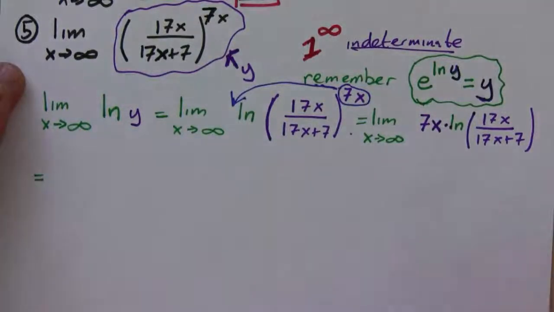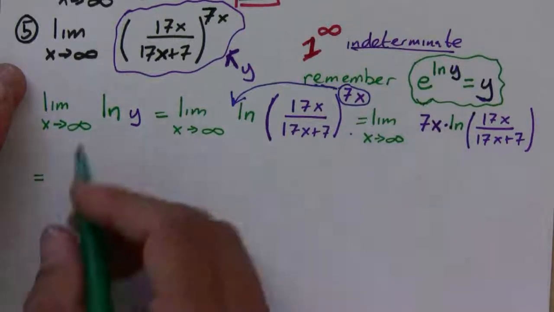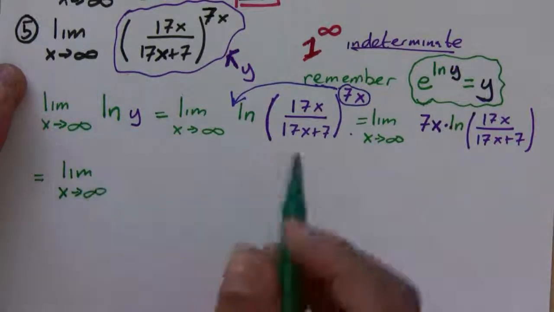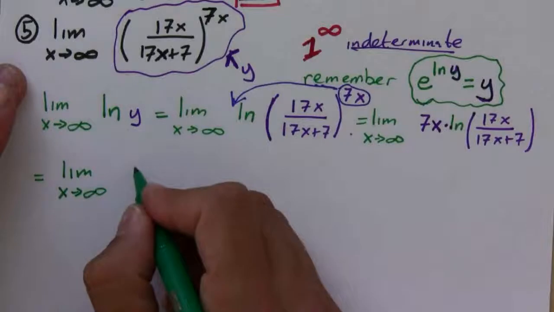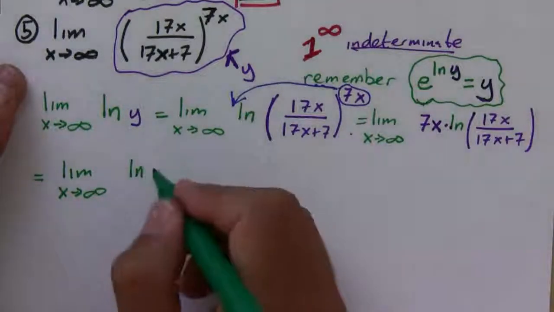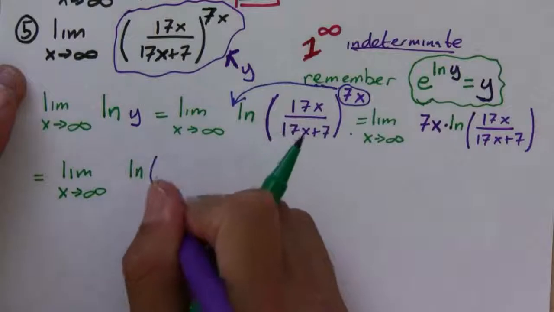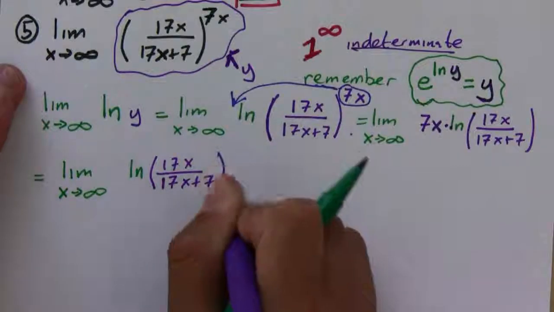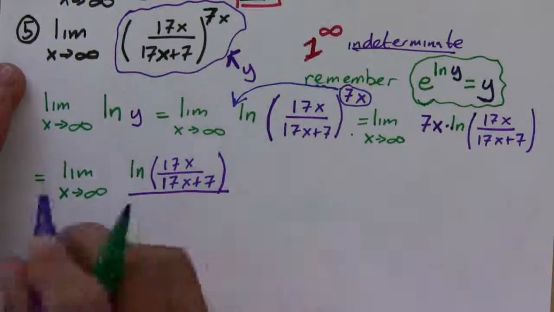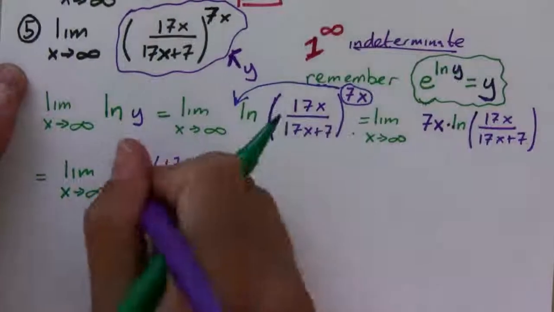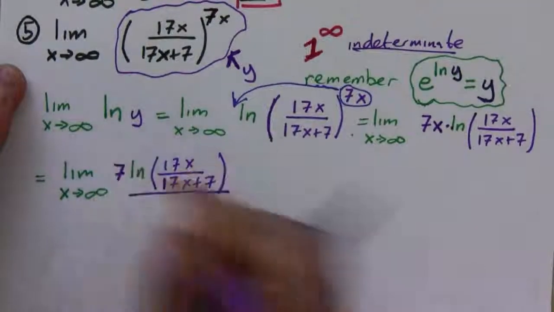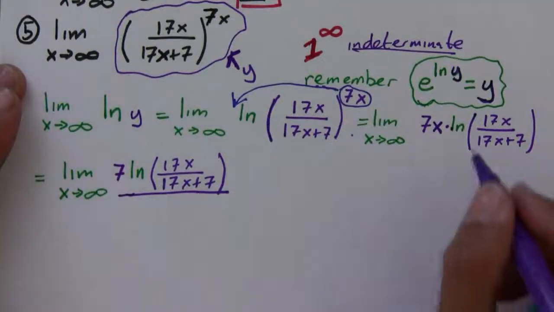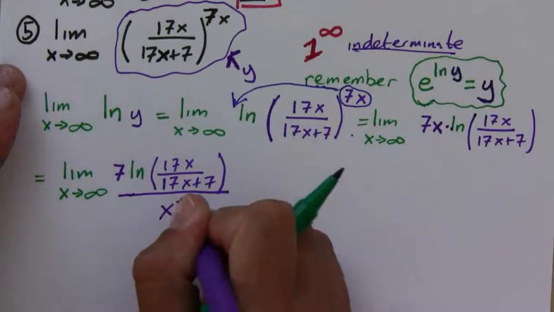So this is equal to, let's leave the 7 up here because it's just a constant, so we don't really have to worry about it, the limit as x goes to infinity of natural log of 17x over 17x plus 7, over the x, which I can bring down as x to the negative 1.